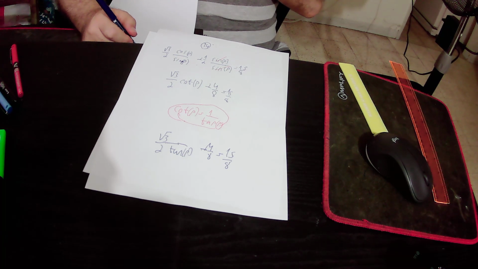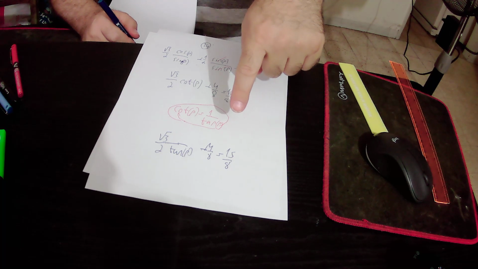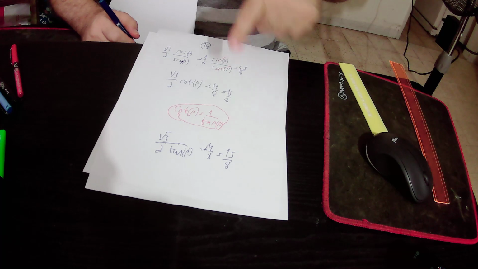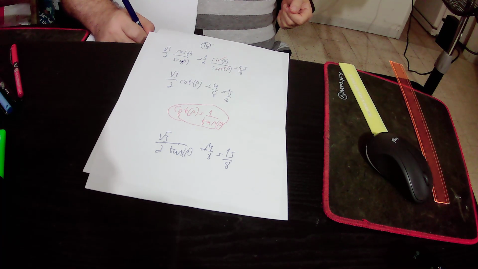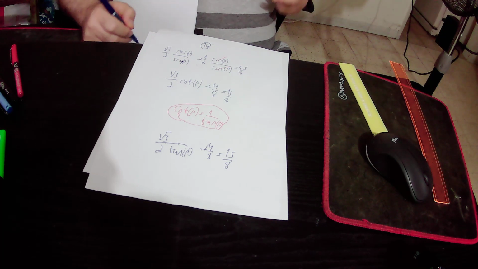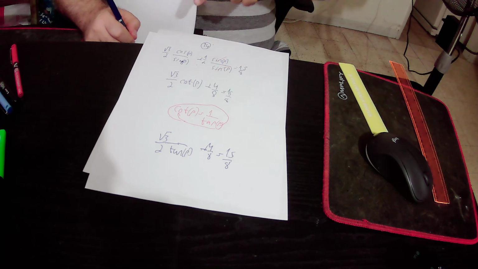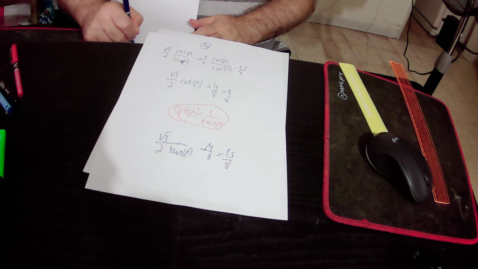Okay, so here we will subtract 4 over 8 from this equality, and we will get that root 3 over 2 times tangent P equals 15 over 8 minus 4 over 8 is 11 over 8.